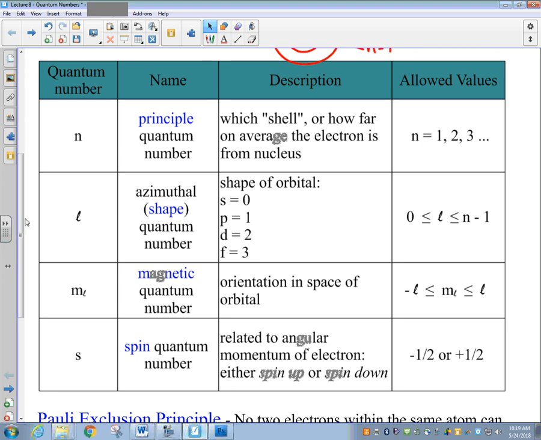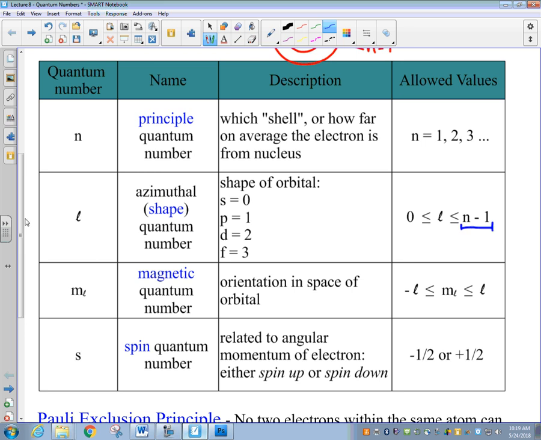The second quantum number you solve for when you solve the Schrodinger wave function equation is what's called the azimuthal or shape quantum number, l. The solutions to this portion of the equation yield a series of distinct, quantized values, which start with the lowest possible value of the shape quantum number of 0, which refers to an s orbital, and increase up to an allowed quantum number of n minus 1, in which n is the value of the principal quantum number.